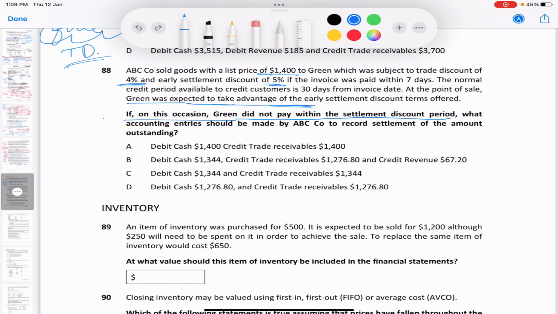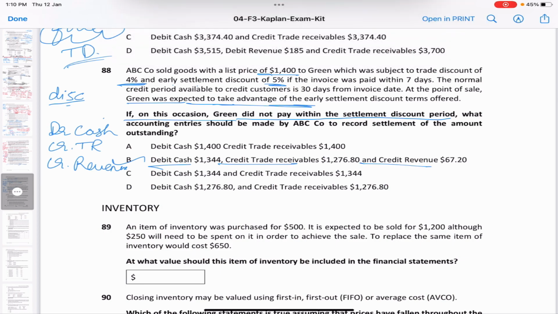The invoice was prepared with the discounted amount, but now she's giving me the entire amount. Debit cash, credit trade receivables, and credit revenue, right? Because now she has to pay me the entire amount itself. So your answer is going to be B.